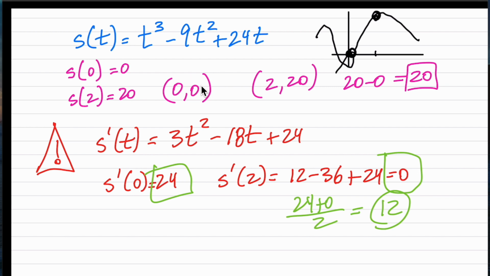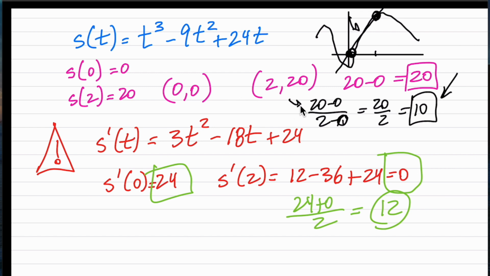We can create a secant line, and the slope of that secant line is going to be the average velocity between the 2 points. So we're going to do y2 minus y1 over x2 minus x1. And when we do that, we're going to do 20 minus 0 over 2 minus 0 equals 20 over 2 equals 10. That's the correct average velocity, not 12.